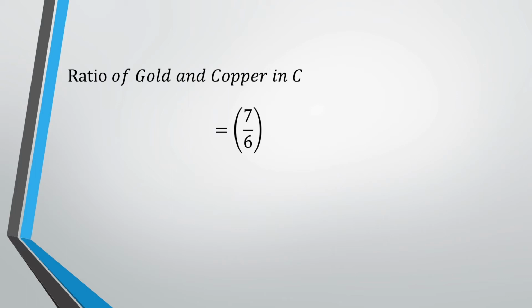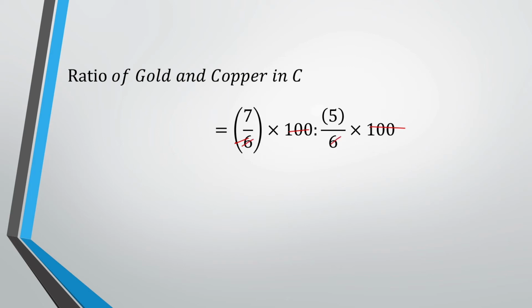So if you observe here, we have already got the quantity of gold and copper. If we take the ratio of gold and copper in C, we'll get 7 by 6 into 100 is to 5 by 6 into 100. Here 100 cancels, 6 will be cancelled.